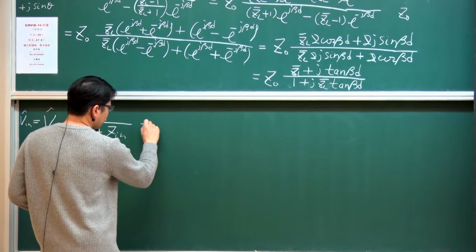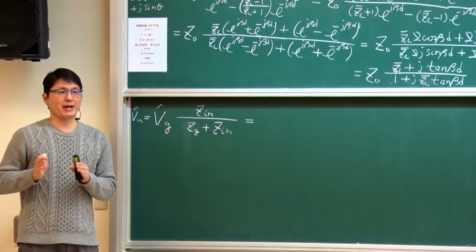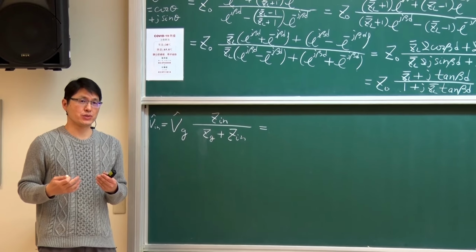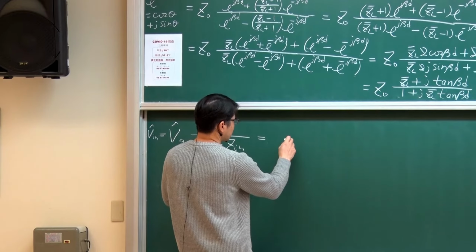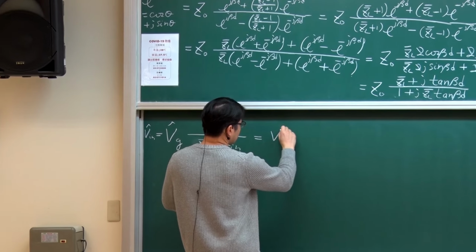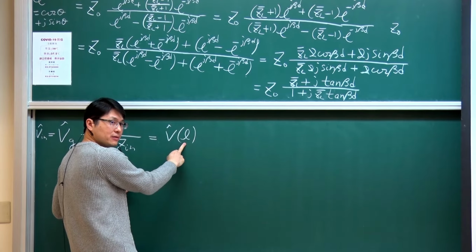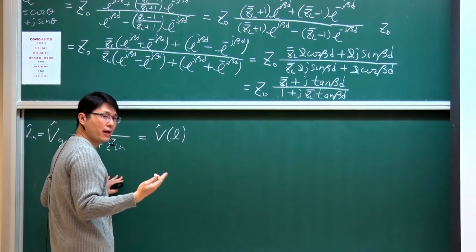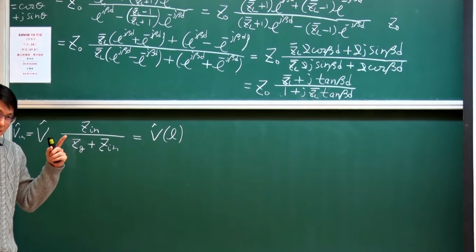But this Vin, at the same time, I already know my expression for the total voltage everywhere on the transmission line. So that is V total at L, right? What is L? L is the total length of my transmission line.